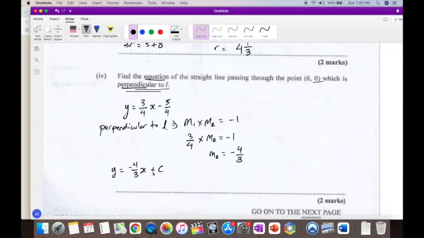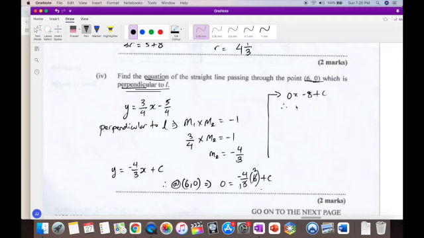We still don't know what c is yet, but they did give us a point, right? At the point 6, 0, we could see here that x is 6, y is 0. So 0 is equal to negative 4 on 3 times 6 plus c. Now we could see here that 3 into 3, 1, 3 into 6 is 2, 4 2s are 8, so we have 0 is equal to negative 8 plus c.